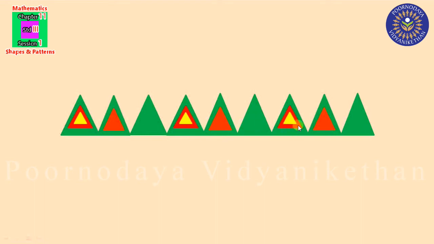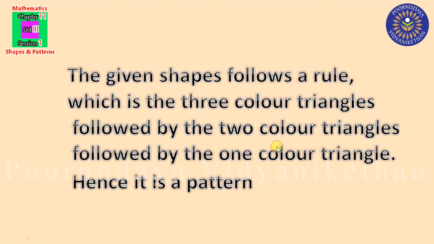Again, 3 color, 2 color. So, we can say it's a pattern. The given shapes follow a rule, which is the 3 color triangles followed by the 2 color triangles followed by the 1 color triangle. Hence, it's a pattern. Clear?